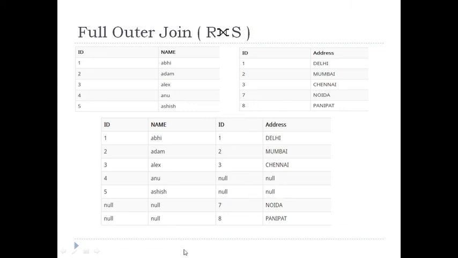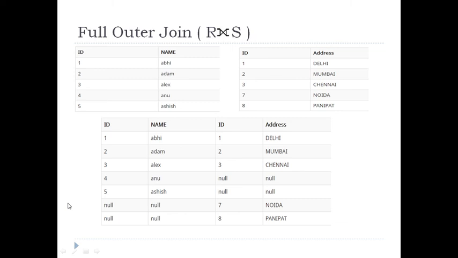And for 7 and 8, in relation R, there is no matching tuples, so we'll place null values. Okay, so like this, if you want to take all the informations like whether it is matching or non-matching, or if it is having null values, then we can apply the outer join.